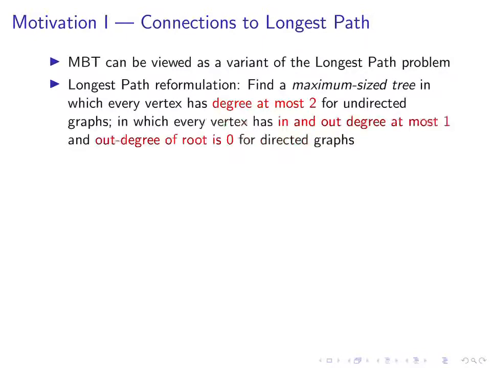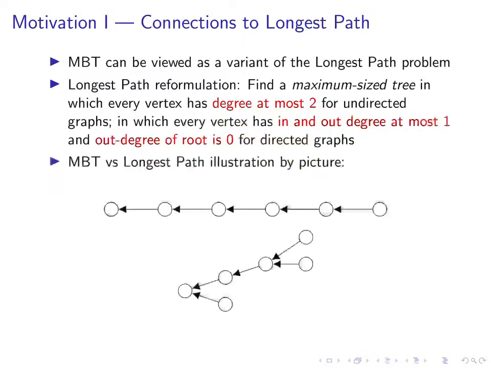For directed graphs, the goal is to find a max size tree where every vertex has in and out degree at most 1, and the root has out degree exactly 0. The following example brings out the connection between these two problems. The picture on top is the longest path of size 6, while at the bottom is a binary tree of size 6.